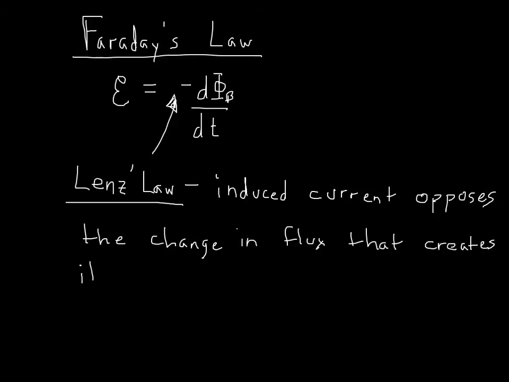You see, nature doesn't like change. So it wants to keep the same amount of flux constantly going through it, so any induced current will oppose any change in flux that creates it.